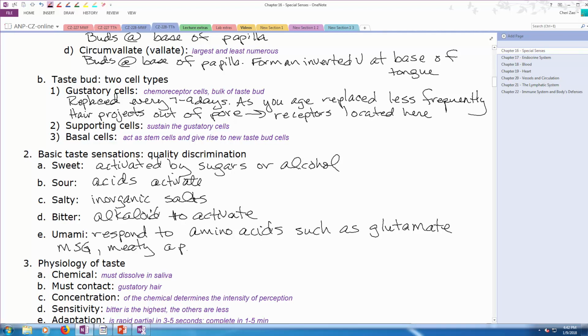Meaty appreciation. I call it bacon. Yeah, so that's activating our umami receptors. So remember, these are found in the soft palate and back of oral cavity.